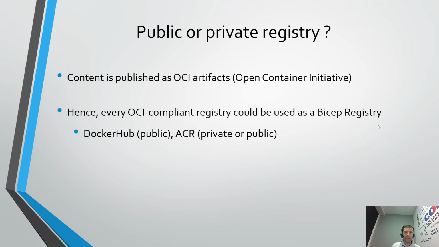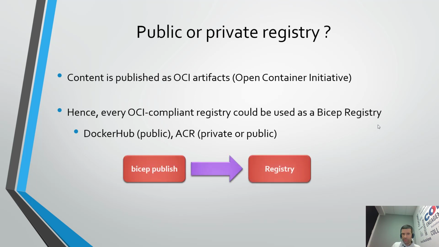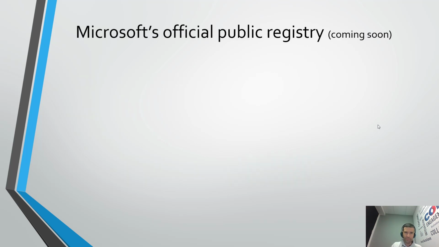For example, Docker Hub is a good example of a public registry. Azure Container Registry, or ACR for short, is a good example of either a public or a private registry. So usually what we do is we publish the module to the registry, which is an OCI compliant registry.